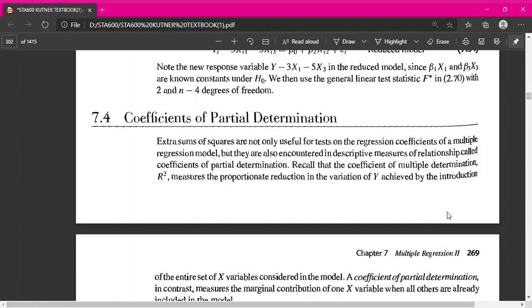Okay, so kita baca sikit kat sini. Extra sum of squares are not only useful for tests on the regression coefficient of a multiple regression model.